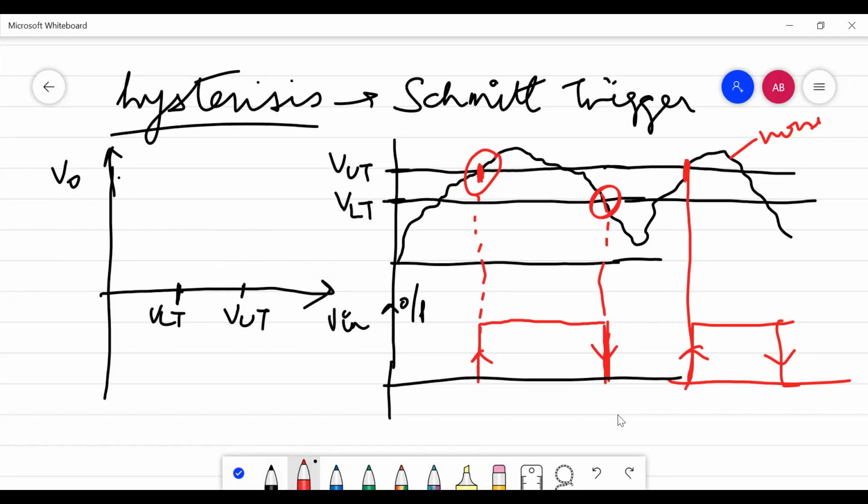When the value of the voltage is below VUT, the upper threshold voltage, the output will remain at a minimum level. But as soon as it crosses the upper threshold voltage, the output is going to rise up to the magnitude that is defined.